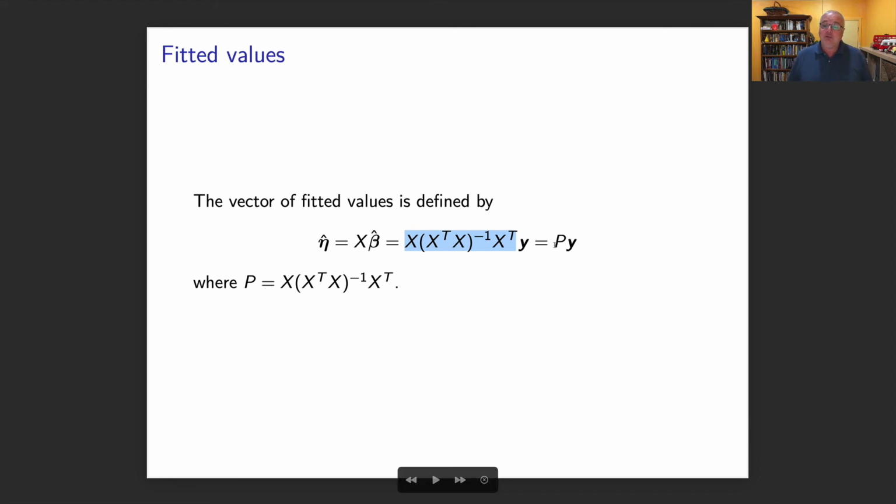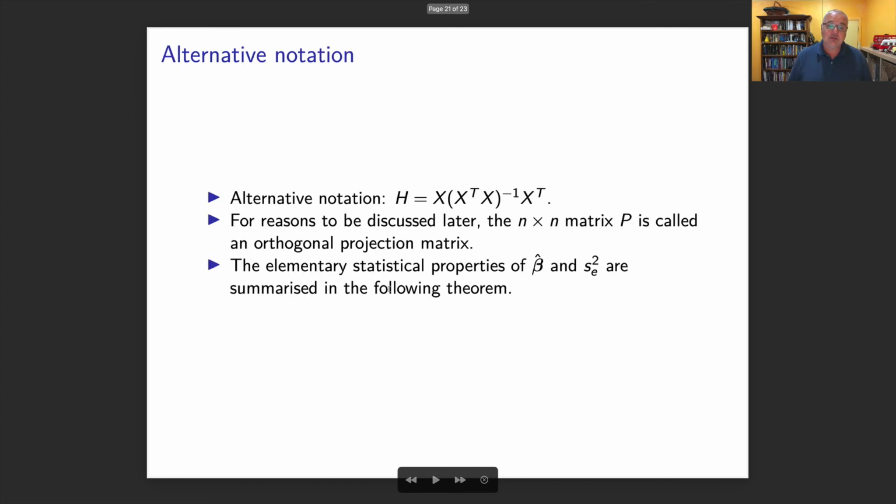So we denote it as either P, because it's a projection matrix, or occasionally you will see H when we talk about leverage. So H when we talk about leverage, P when we talk about projection matrices. If we get time in this course, we're going to look at how you can define this whole thing in terms of subspaces and projection matrices. So just as a signpost, hopefully we'll get back to this in this course and talk about why it's called P.